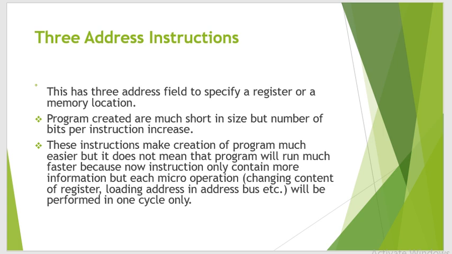The programs created are much shorter in size, but the number of bits per instruction increases. This makes creation of a program much easier, but it does not mean the program will run much faster, because now the instruction only contains more information, but each micro operation will be performed in one cycle only.